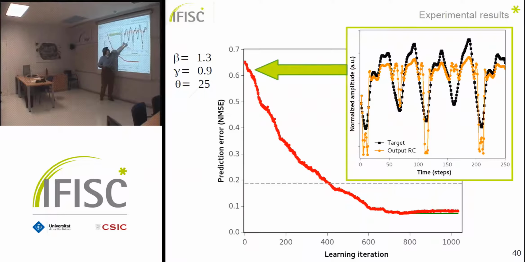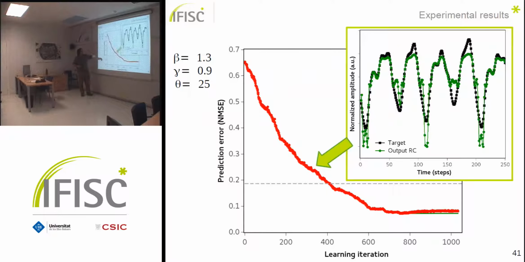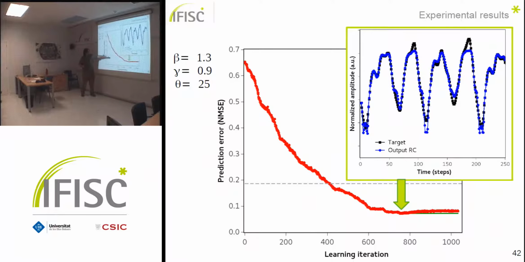We have points going down, the oscillations are not well captured, and some points more or less work, but it's pretty bad. As the system learns, the predictions become more and more accurate. And at our best point, we can see that the large fluctuations are captured very nicely, and even the small features are usually well predicted.